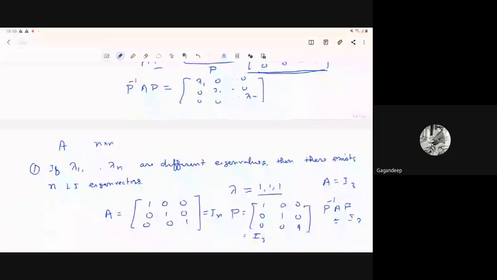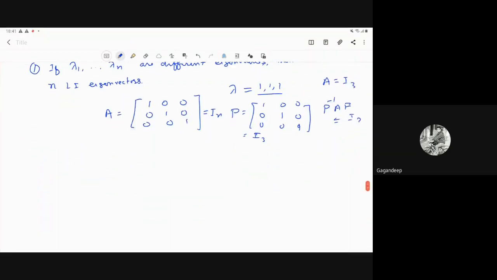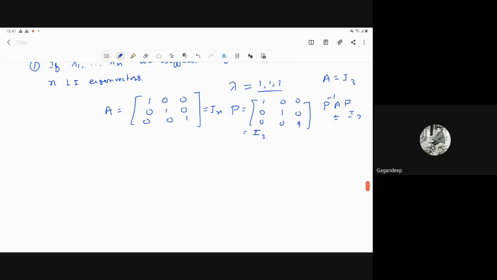So corresponding to a repeating eigenvalue, if you get the same number of independent eigenvectors, no problem, the matrix is diagonalizable. It is possible that you get a smaller number of independent eigenvectors. If you are not getting n independent eigenvectors, then the matrix is not diagonalizable. Is it clear? For example, the matrix 0, 1, 0, 0, 0, 1.